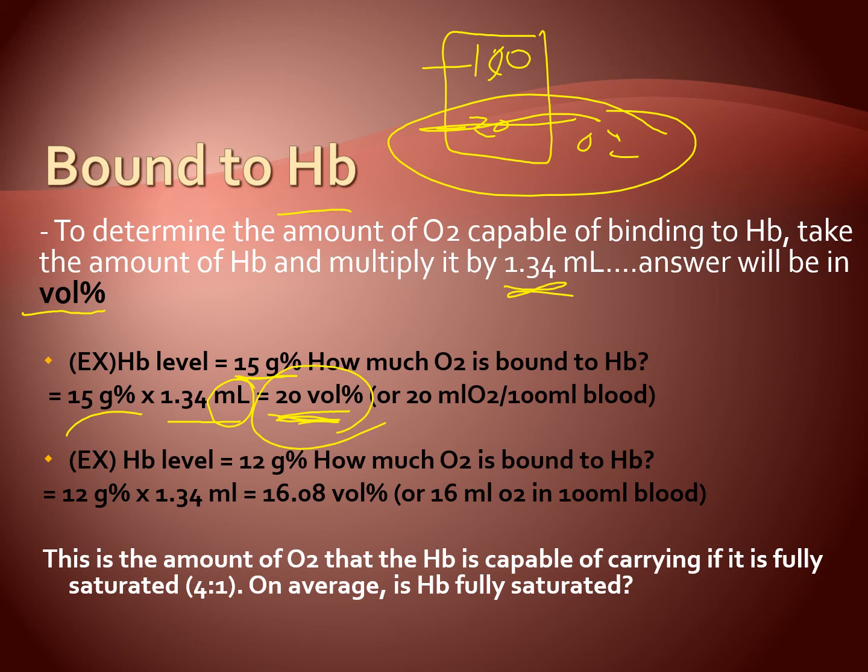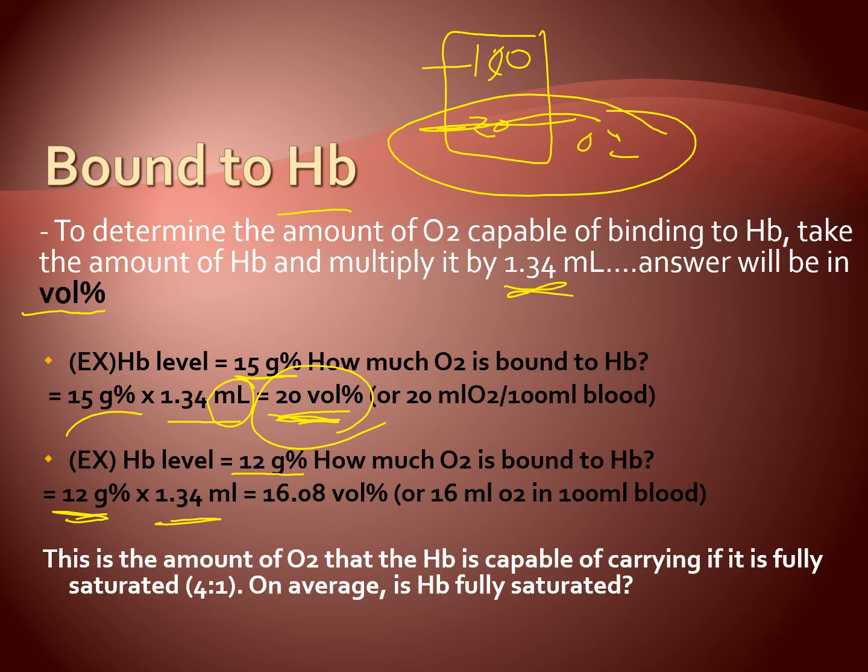All right, let's do another example for the math people out there that love this. If I have a hemoglobin level of 12 grams percent, and I'm asking you, how much oxygen can this patient carry with the hemoglobin of 12? All you're going to do here is take the hemoglobin level times 1.34, which is the maximum carrying capacity, right?